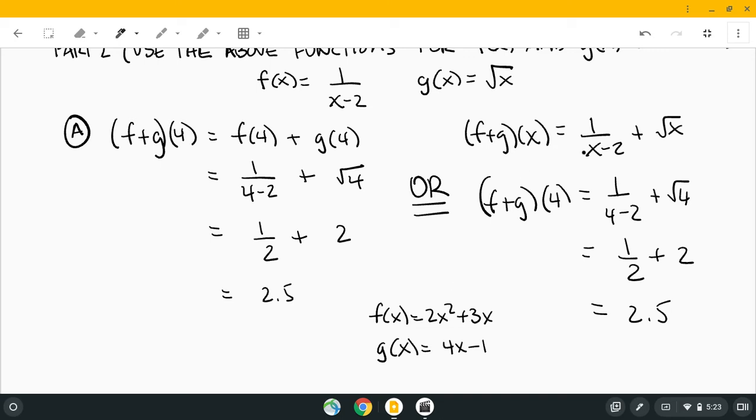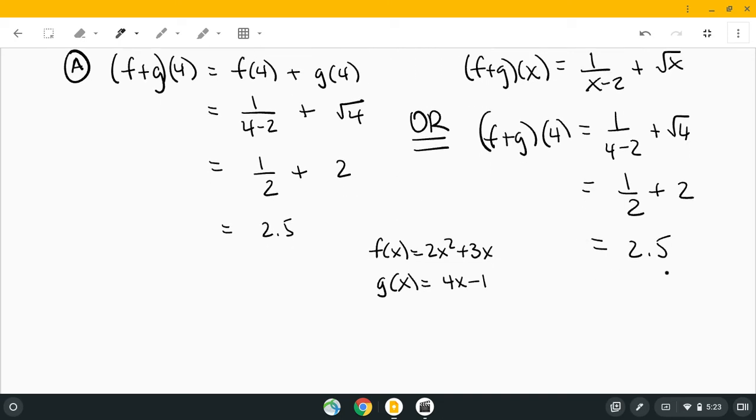Or I could use this method where before I plug in the 4, I actually add these together and I get this new function, right? So I could add these two functions together. And then once I simplify that, then I can go ahead and plug in the 4. Okay, but like I said here, there really isn't anything you can do between the two functions. So these two methods look very similar.